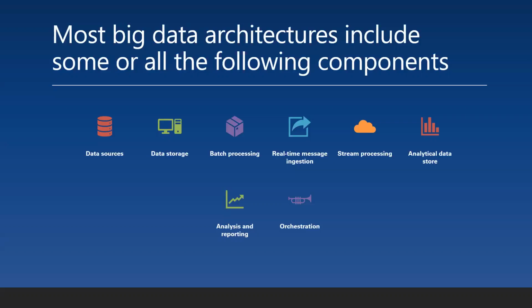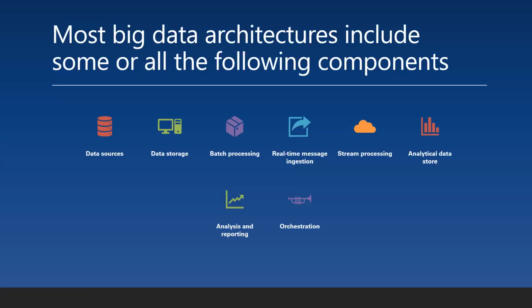The next one, analytical data store. Many big data solutions prepare data for analysis and then serve the processed data in a structured format that can be queried using analytical tools. The analytical data store used to serve these queries can be a Kimball-style relational data warehouse, as seen in most traditional business intelligence solutions.